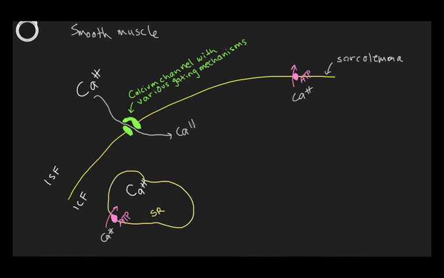And when calcium enters the cytosol of smooth muscle, it binds with a regulatory protein called calmodulin. So when there's no calcium in the cytosol, calmodulin just hangs out and doesn't do anything. But then calcium binds to calmodulin. And this is very similar in structure to troponin. And this calcium calmodulin complex activates another protein.